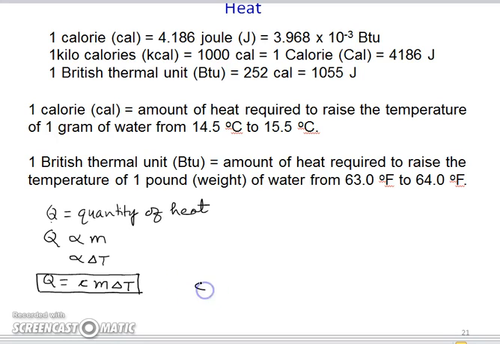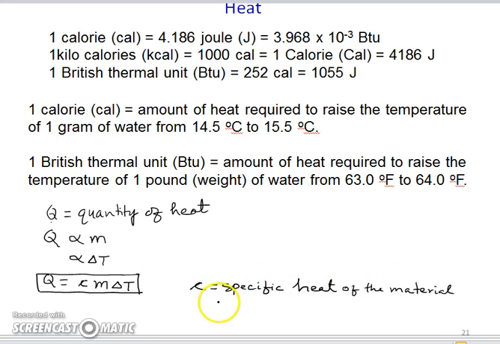This small c is called the specific heat of the material. And I've been saying water, water. So if this is water, then it is the specific heat of water.